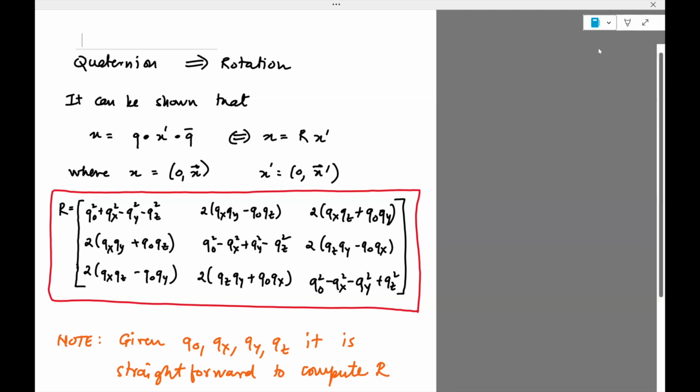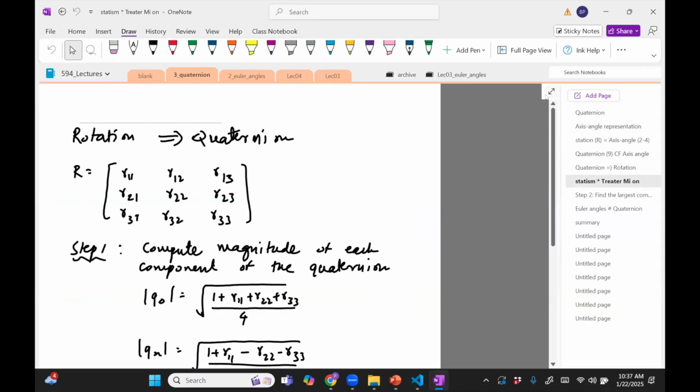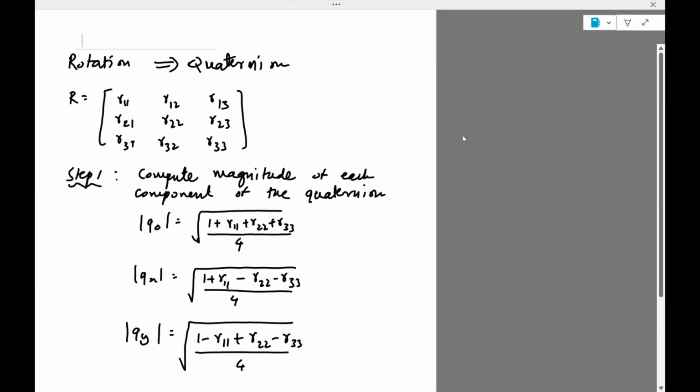Now, if you do the reverse calculation, that is a bit messy. Given the rotation r, you're told to compute the quaternion. Let's say that r is r11, r12, and so on; that is something we should be given as numerical values. There are actually two steps. The first step is to compute the magnitude of each component of the quaternion.